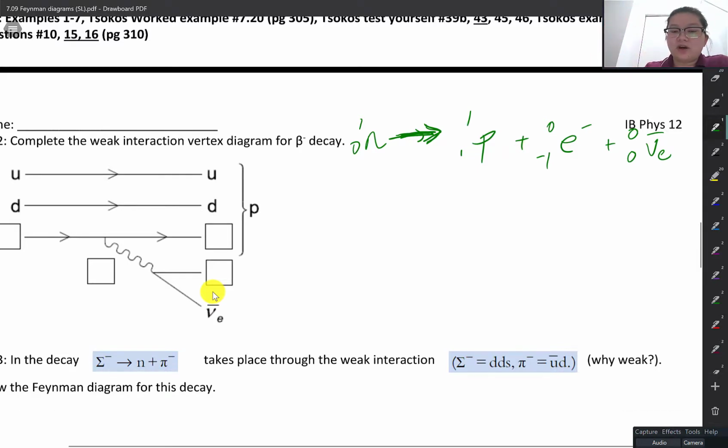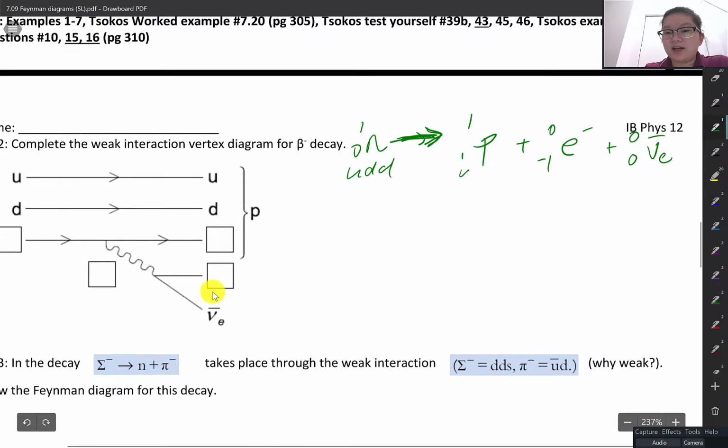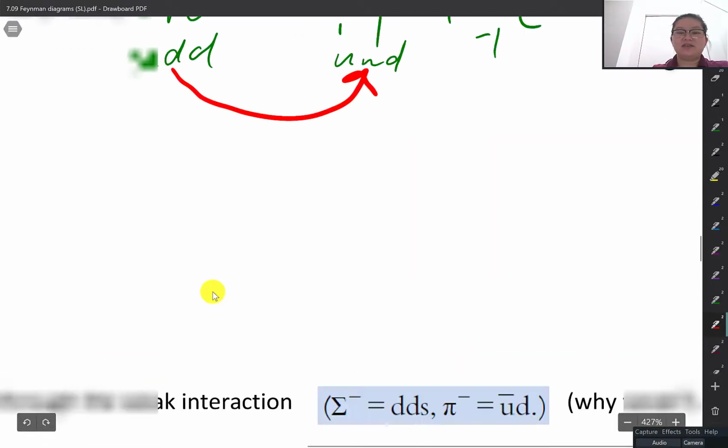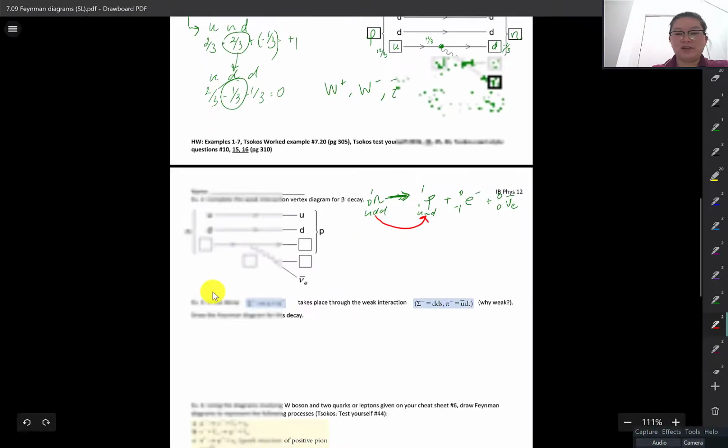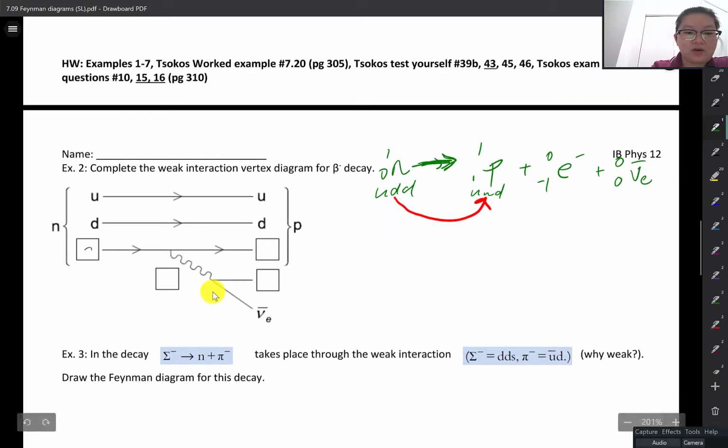A neutron is going to have an up, down, down quark. A proton is going to have an up, up, down quark. So again, it looks like a down quark is going to get converted into an up quark. Because of that, let's fill in the rest of the table here. A down quark from a neutron will get converted to an up quark, and there are no other changes.